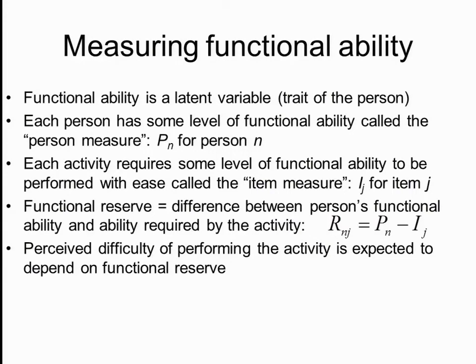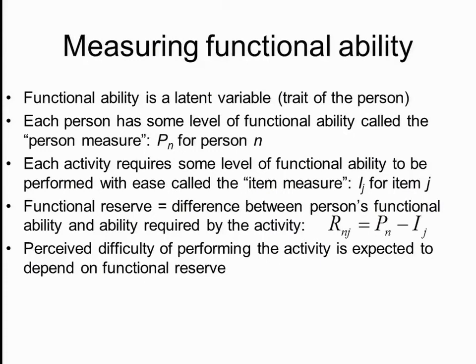Okay, now what we're asking the person to do is judge the difficulty of performing an activity. Our expectation is that their perception of the difficulty of performing the activity is going to depend on the functional reserve. In other words, if the person has far more ability than is required to perform the activity, they should tell you it's easy to do.